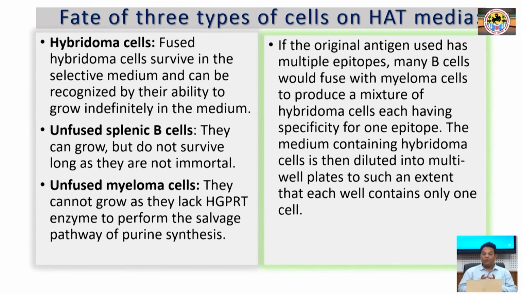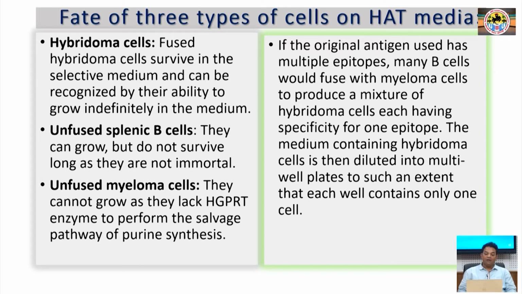Unfused splenic B cells can grow, but do not survive for a longer period of time, because they do not have the immortal property. If the original antigen used has multiple epitopes, many B cells would fuse with myeloma cells to produce a mixture of hybridoma cells, each having specificity for one epitope.